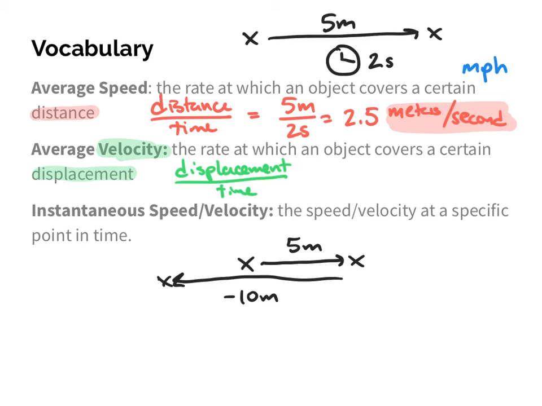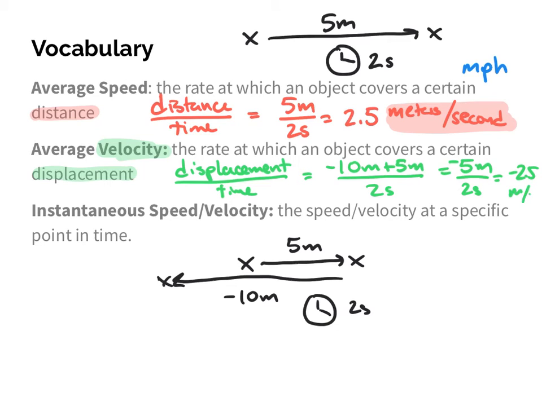So the only difference you're going to see here, let's say again, in terms of the time it takes, let's say it takes 2 seconds again. Here I'm going to get a displacement that is negative 10 meters and 5 meters, which is going to end up being negative 5 meters total. And the time of 2 seconds, the big difference here is that I'm going to get negative 2.5 meters per second.